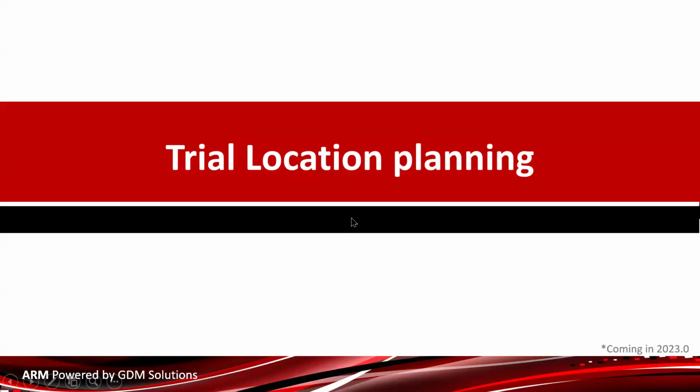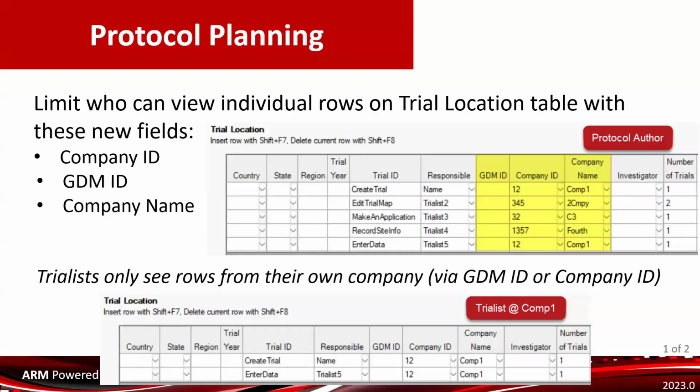One more thing here on protocols, kind of related to planning out your trial locations. This was something new in last year's version, but I want to highlight here the trial location table that is in your trial establishment guidelines in a protocol.